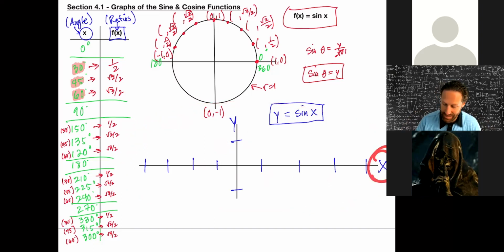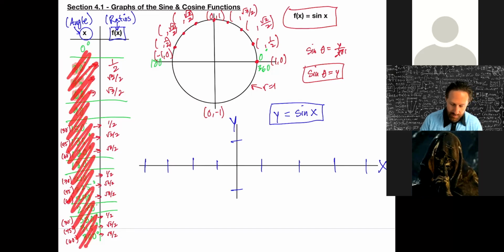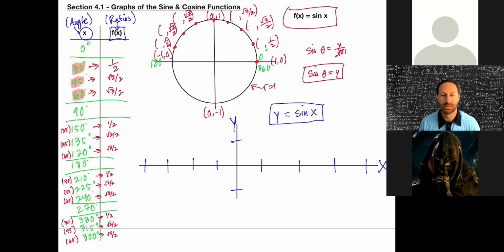But because this is an x-axis and we're used to seeing this as real numbers, we're going to get rid of all of these weird degree measurements. And we're going to change them. Any guesses? Because it still has to be an angle. Radians. Very good. I was going to say, what's the other way we measure angles?